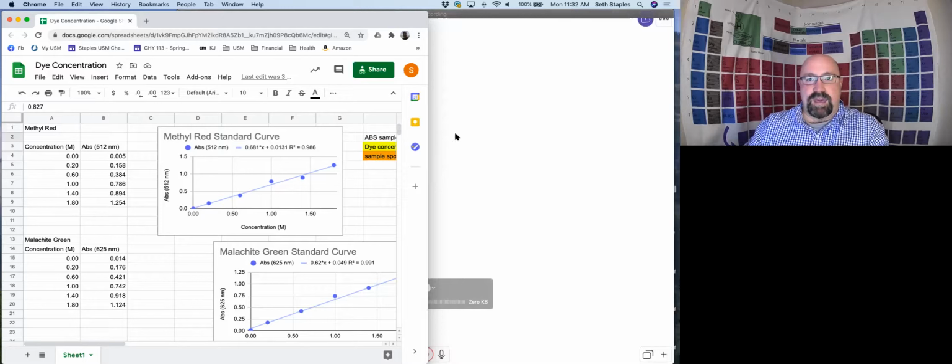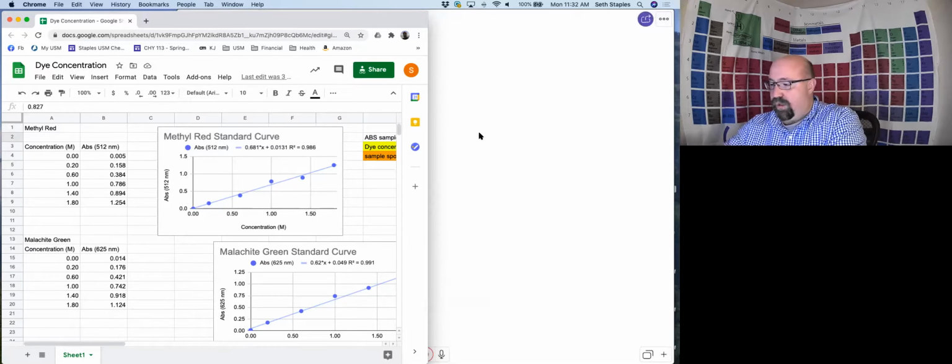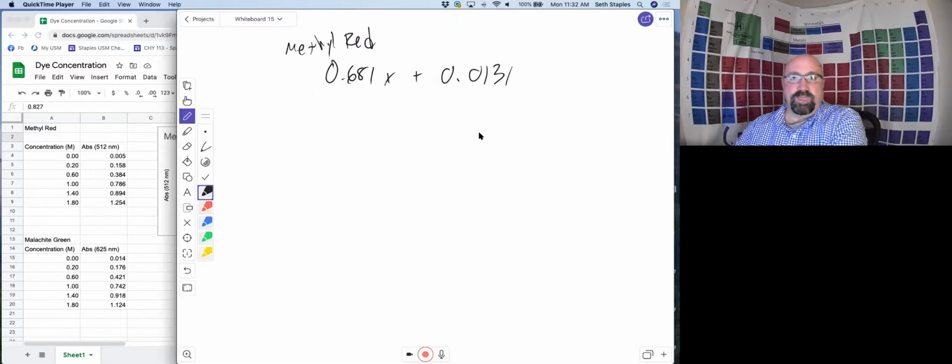We have an equation of our line of 0.681x + 0.0131, and this is for our methyl red. Now let's just remember what these values are.